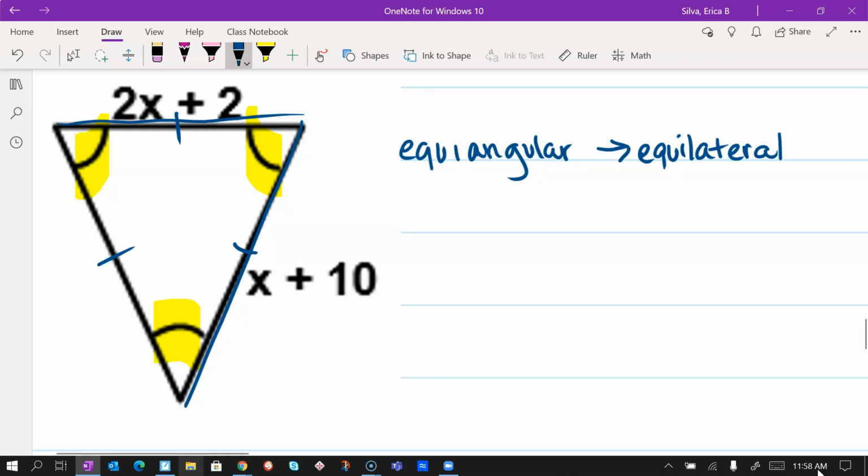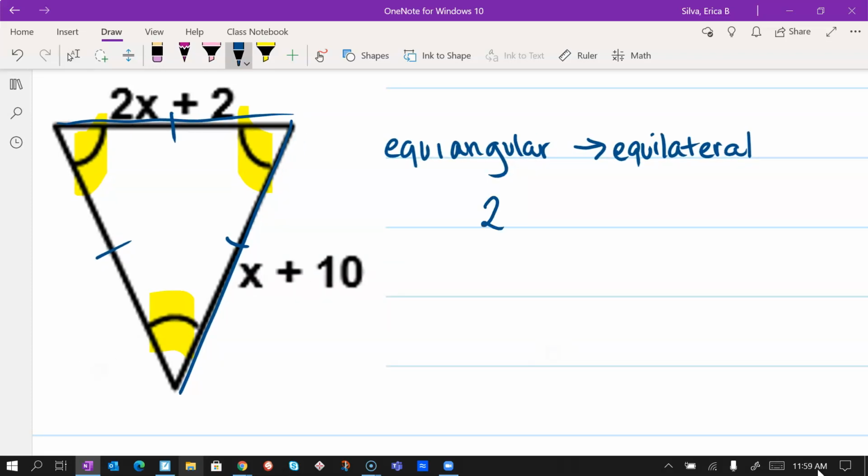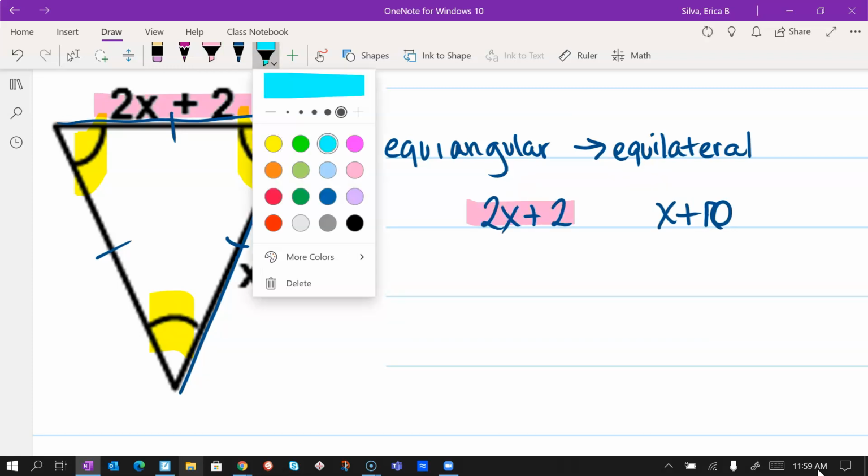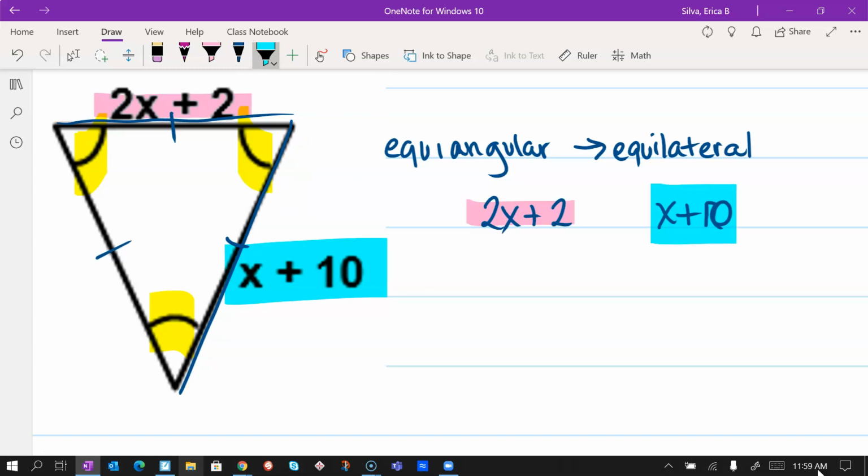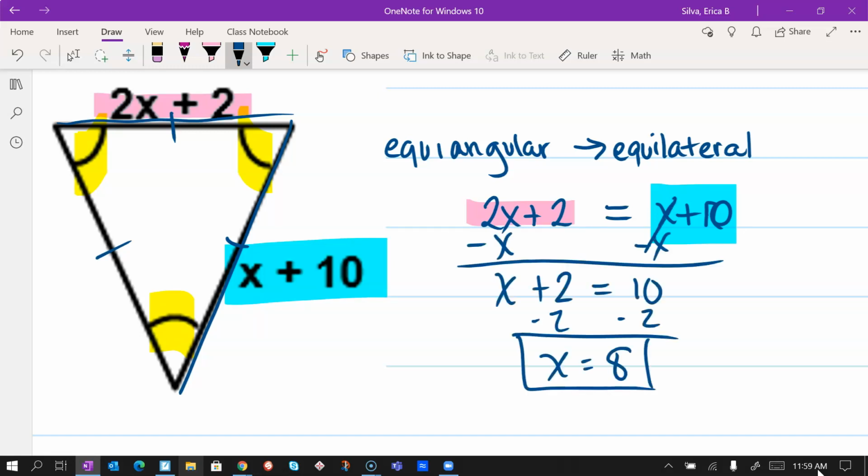So then what would my equation look like? Right. So we've got this side and we've got this side. We've got this side and we've got this side. And because we know they're congruent, then their measurements are equal. And then we solve for x and we get x is equal to 8.